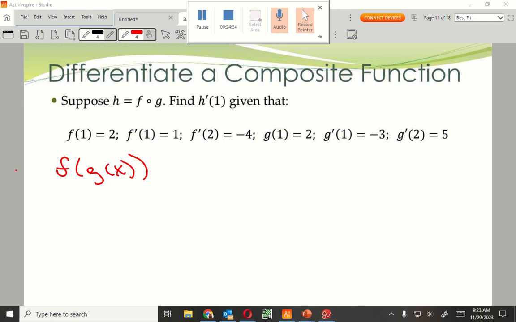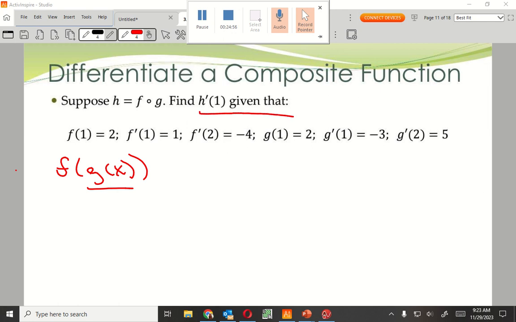So let's start with g of x. I'm going to have the inside. So what's the derivative of the inside? Given that, find h of 1.